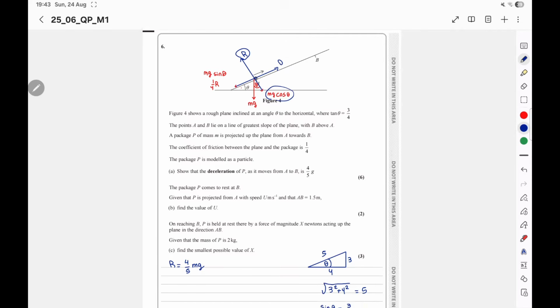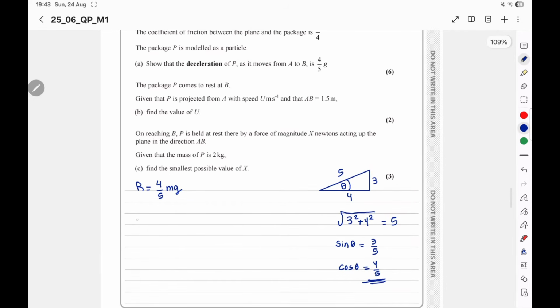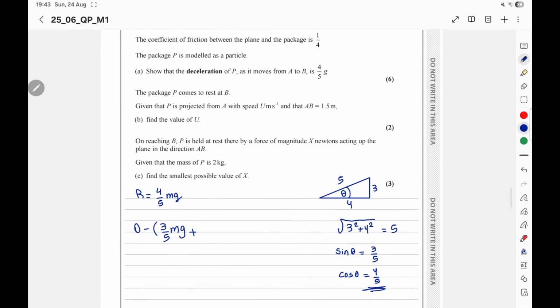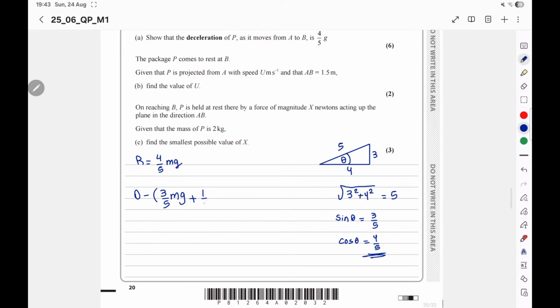Forward is 0. 0 minus bracket mg sine theta, which is 3 over 5 mg, plus mu R, 1 over 4 multiplied by R, which is 4 over 5 mg. All that is equal to mass multiplied by acceleration, ma.